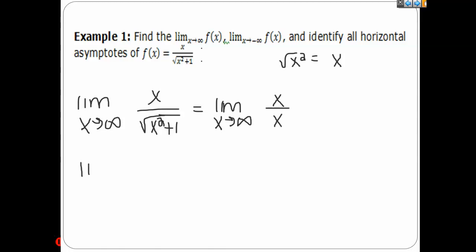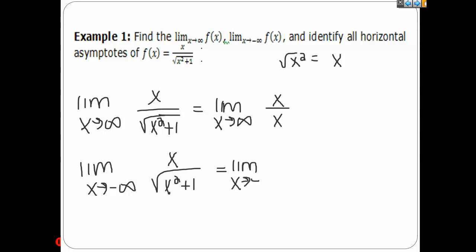And if we look at the limit as x goes to negative infinity, it's kind of going to be like the negative x. So this becomes 1, and this becomes negative 1.